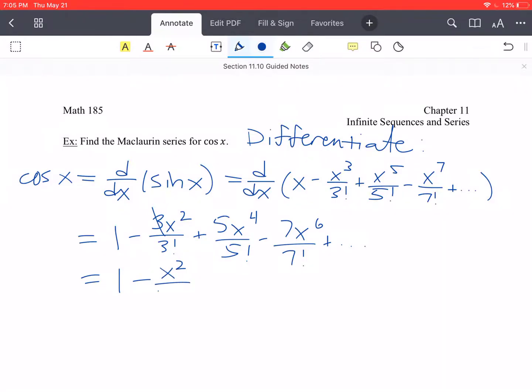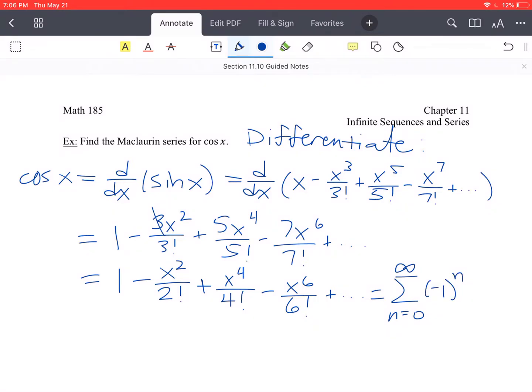The same thing happens to the next one. We get x to the 4th over 4 factorial minus x to the 6th over 6 factorial, etc. And that pattern repeats, so we get the sum with n going from 0 to infinity of negative 1 to the n of x to the 2n over 2n factorial.